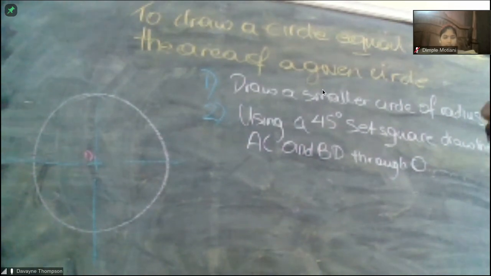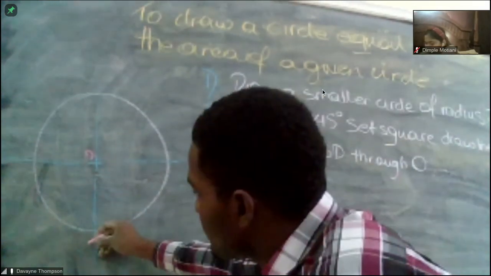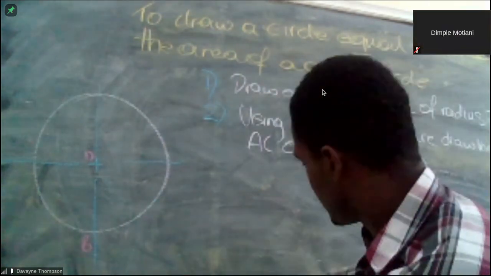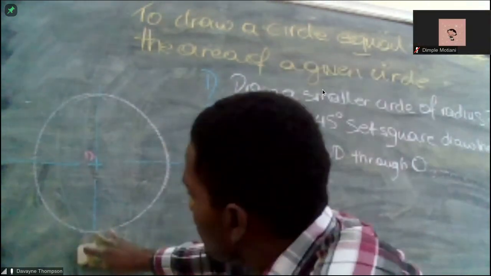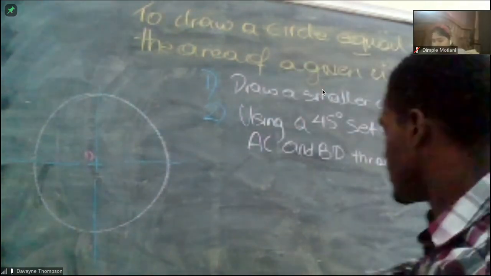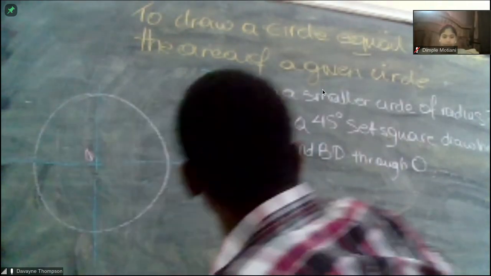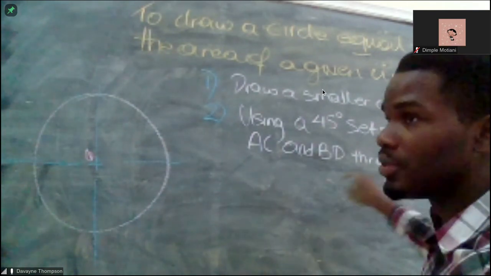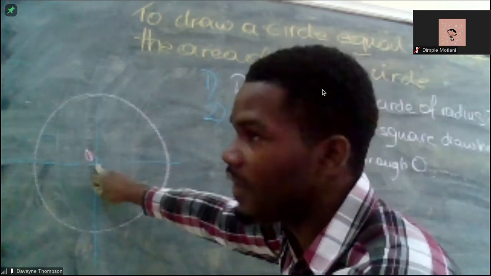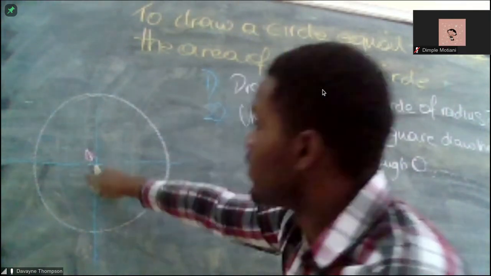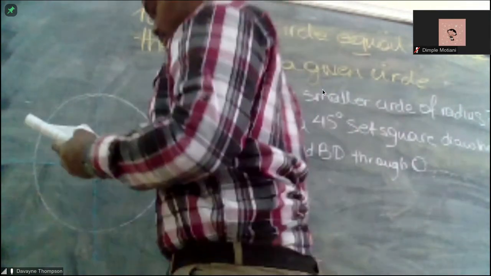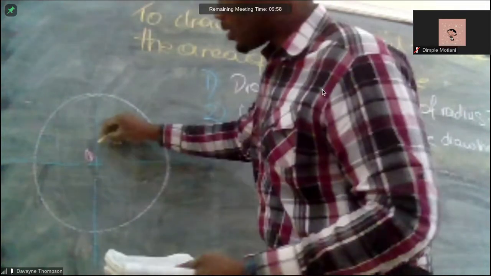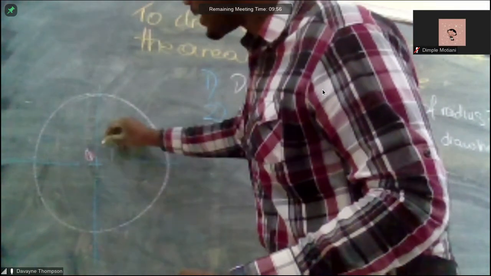Alright, sir, thanks. Let me show you what I'm referring to though. So here's O. It says draw lines AC and BD through O. So you're going to draw a 45-degree line from the midpoint of this circle. We know each side is 90 degrees, right?